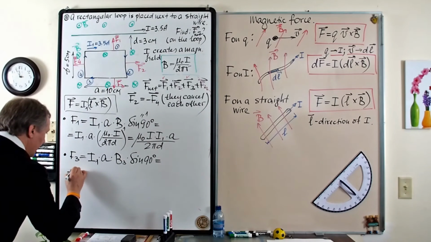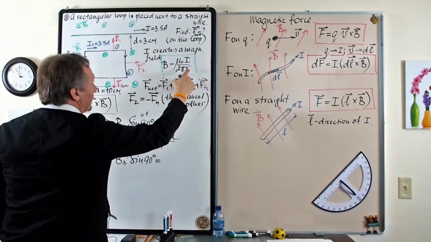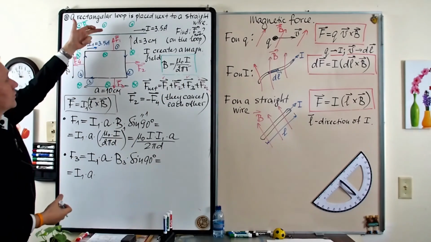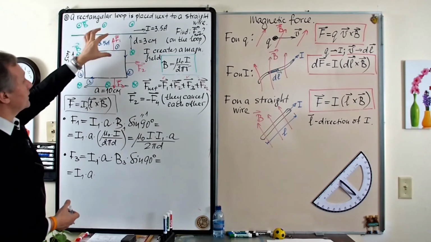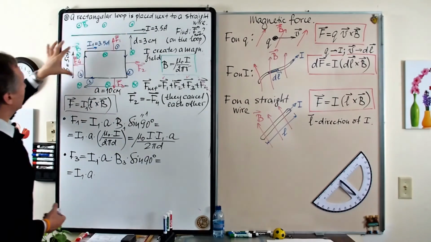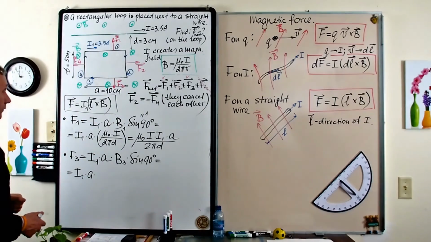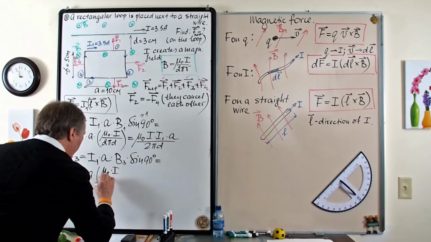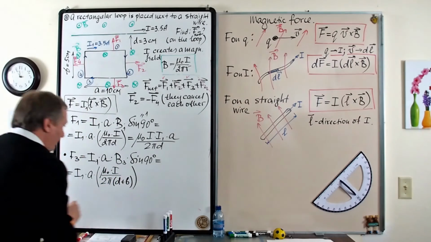So it will be mu naught I over 2 pi, and our R is a perpendicular distance from the infinitely long straight wire to the point where you want to find the magnetic field. In this case, it's D plus the width of the loop, which is B. So D plus B gives us the distance R from the wire to the third part of the loop. So it will be mu naught I divided by 2 pi and D plus B.